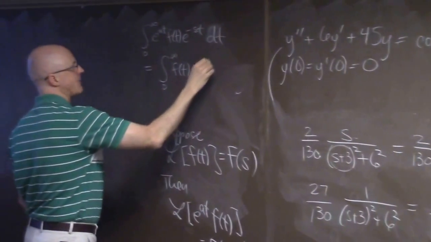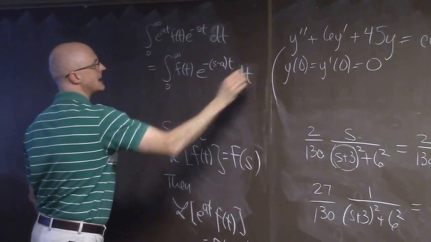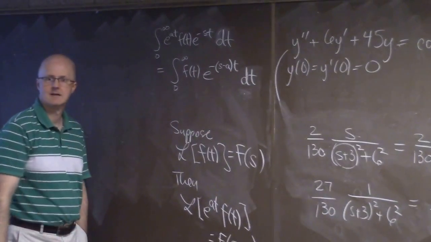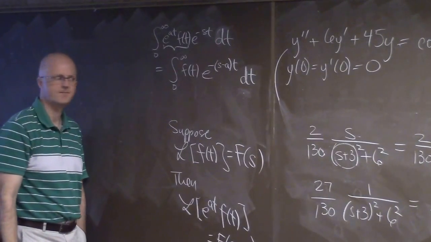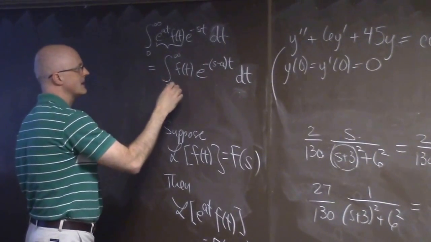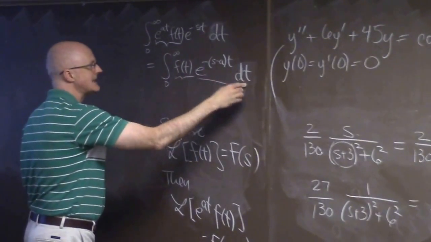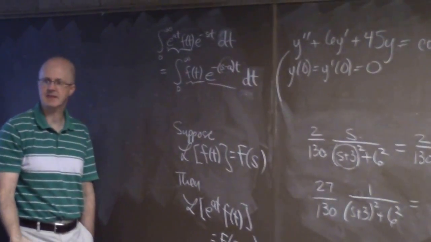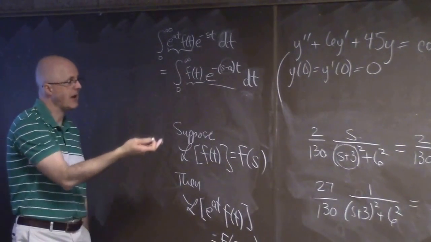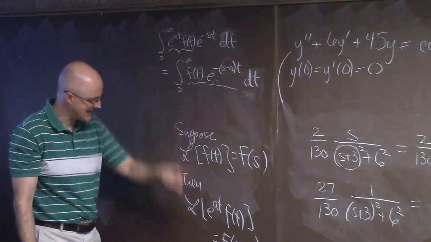Using properties of exponents, you can rewrite that integral like this. There's the function you're taking the Laplace transform of. What do we have here? We have the function f of t times this dt, you're integrating. Whatever the quantity is right there, this is a Laplace transform of f at that value, which is exactly that.